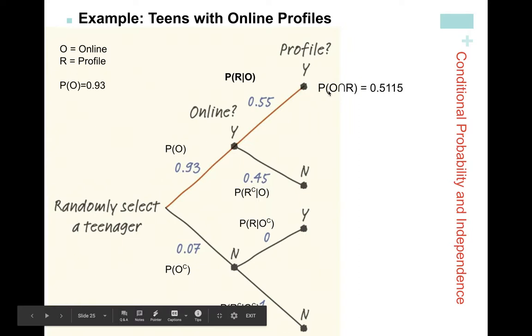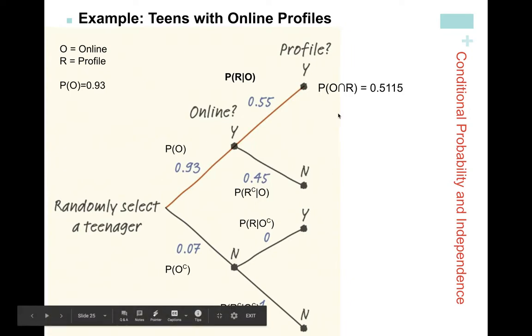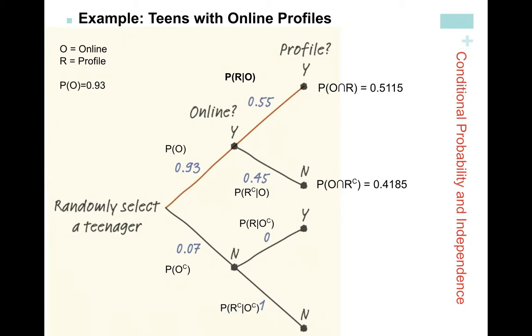Okay, so this is the intersection. So this is the probability of O intersect R. And that is equal to, you just multiply the 2 branches. So go ahead and figure out, well, what's the notation for these last 4 nodes? You guessed it. This is the probability of O intersect R complement. So this is the probability that someone is online and has not made a profile.